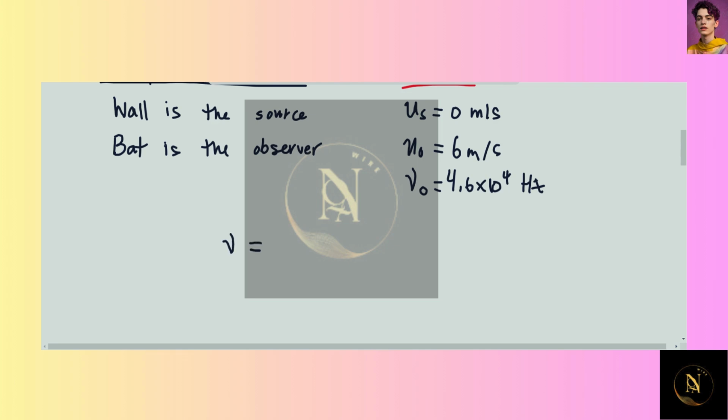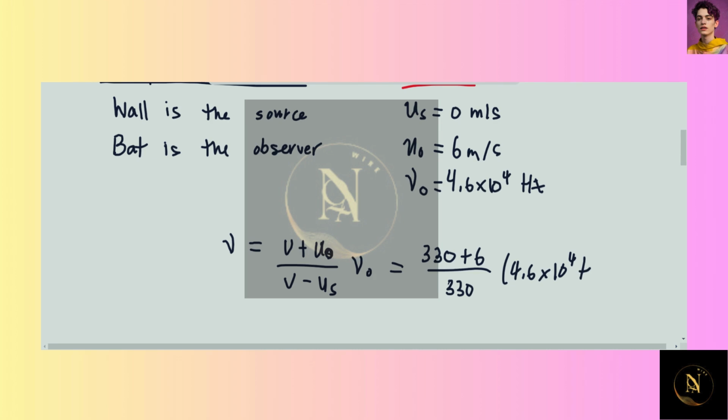So here we go. We're going to use our same formula, V plus U0 over V minus US. We'll plug everything in. So that's going to be 330 plus 6, and then just a V on the bottom, so 330. And plug in the frequency as well.